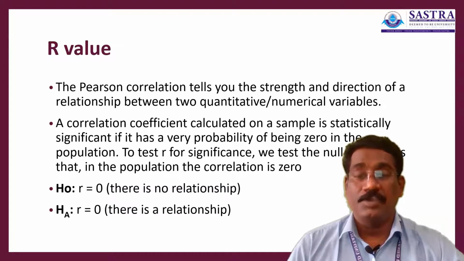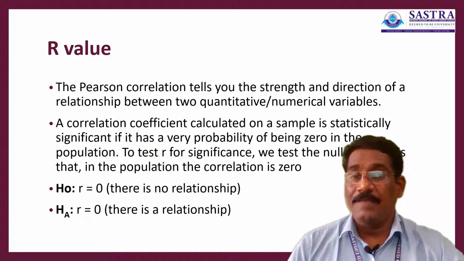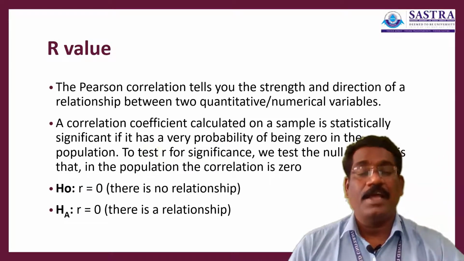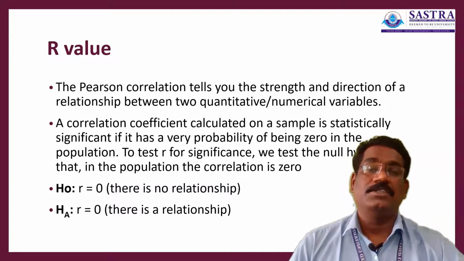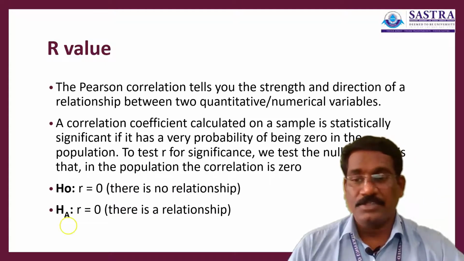So we can formulate hypotheses, like there is no relationship, there is a relationship, as I was mentioning. There is no relationship between service quality and customer satisfaction, which we call the null hypothesis.